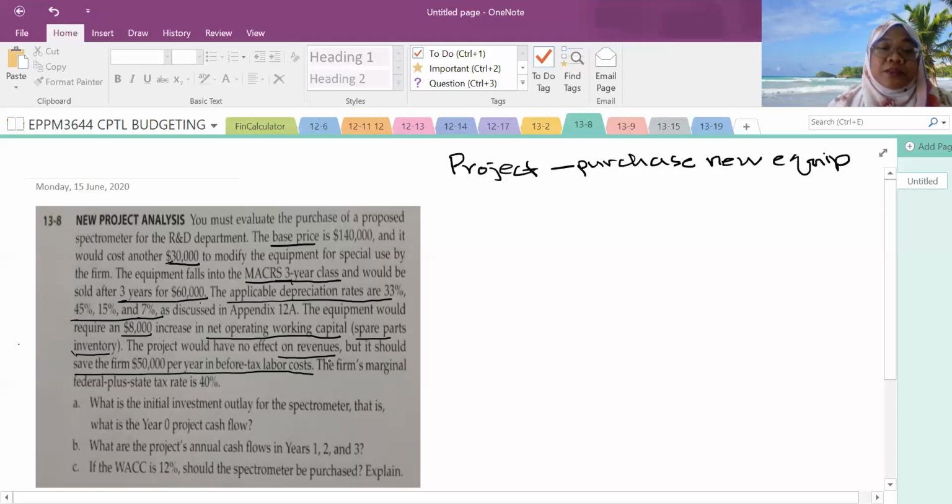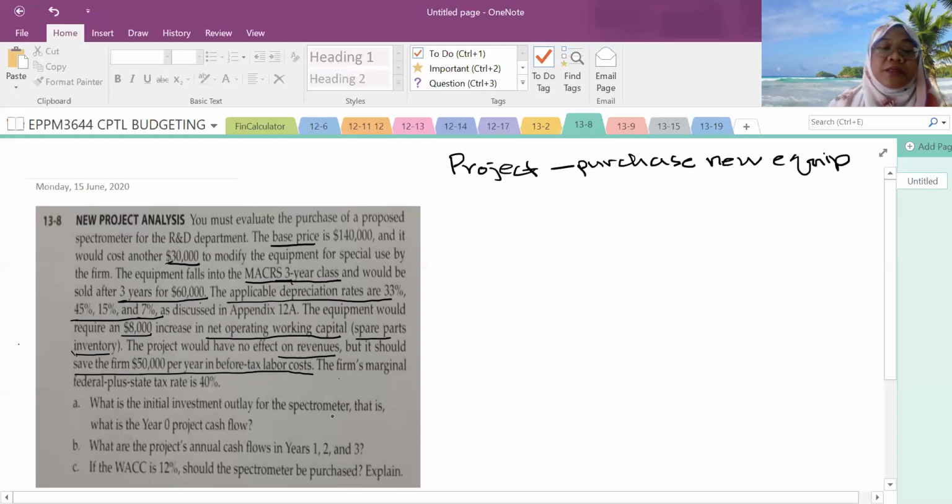Okay. Tak ada perbezaan. Right? Sama ada you dapat daripada you punya jualan ataupun you save dari jimat, daripada sebarang tindakan syarikat, itu dianggap macam revenue juga. The firm marginal tax rate is 40%.